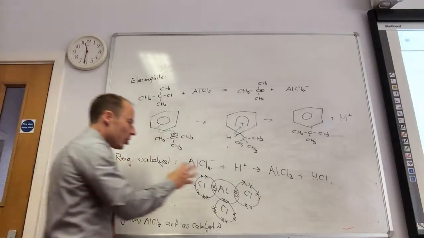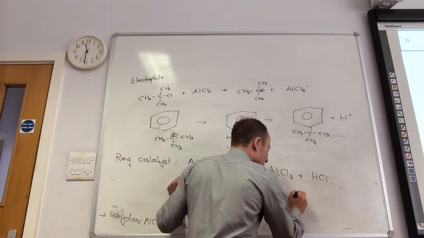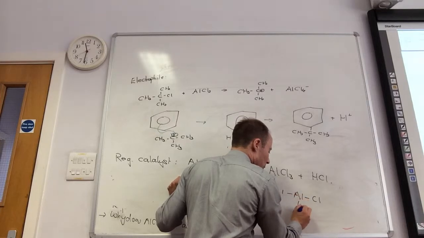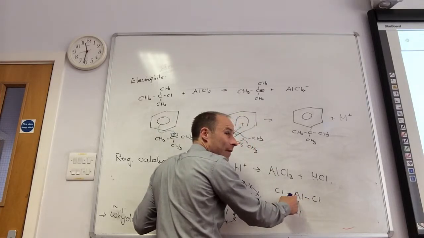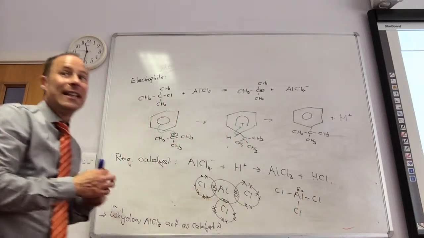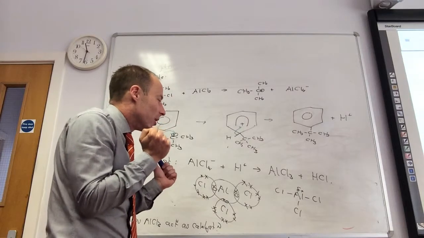What's going to be the charge? Remember, if we drew it out as little lines, Al, chlorine, chlorine, chlorine, this aluminium is going to have a very, very high charge, isn't he? He's a very, very small ion with a high charge.